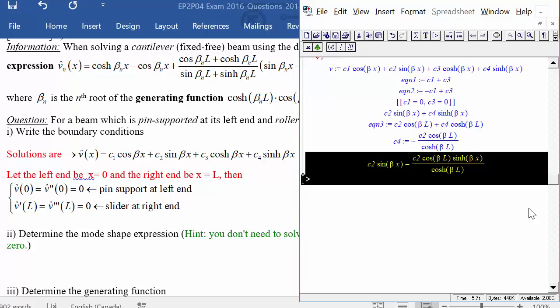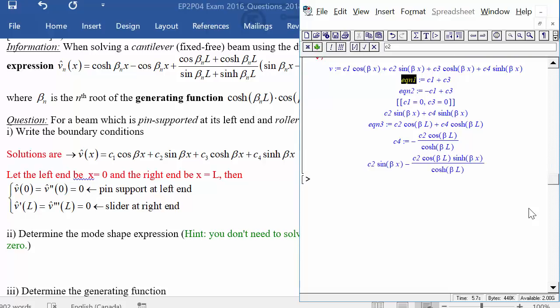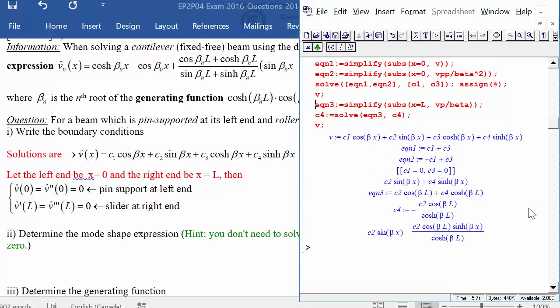Now v just involves c2, and we've run out of coefficients to solve for. So in this last step, we're not going to solve for c, but get a generating function from this that tells us what beta needs to be. So simplify by substituting x equals L into v triple prime.